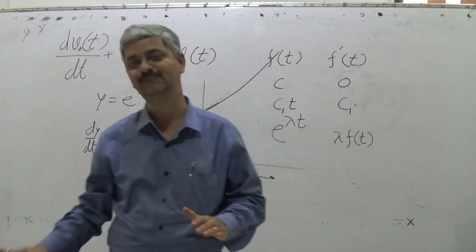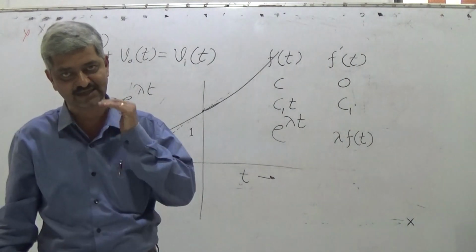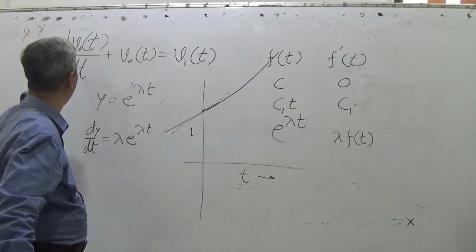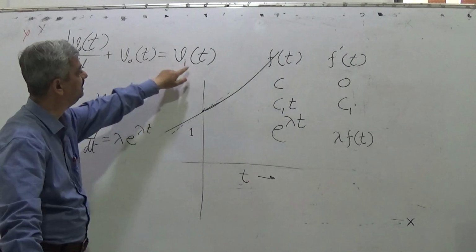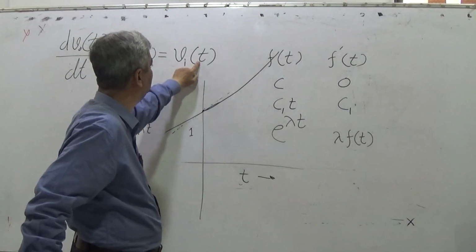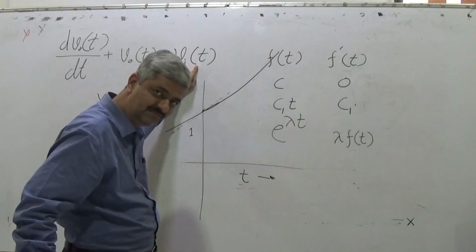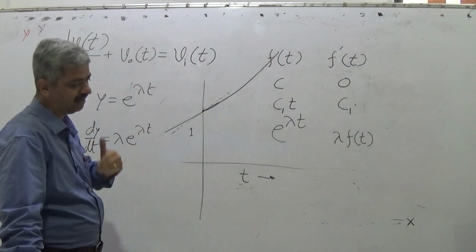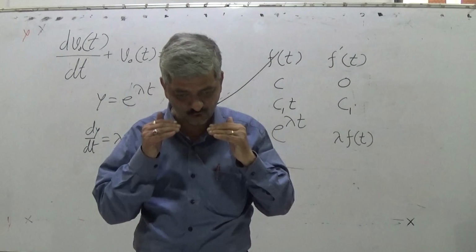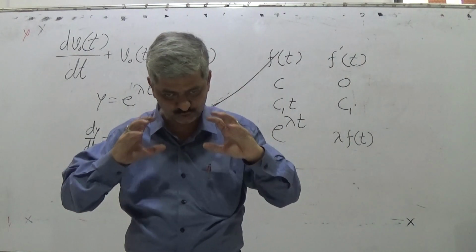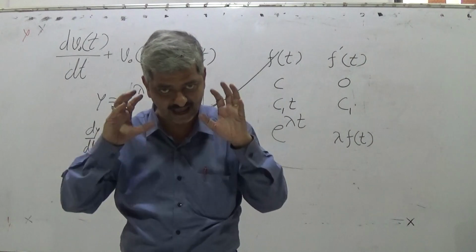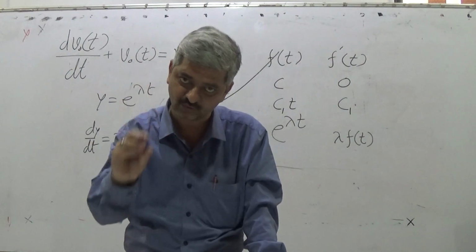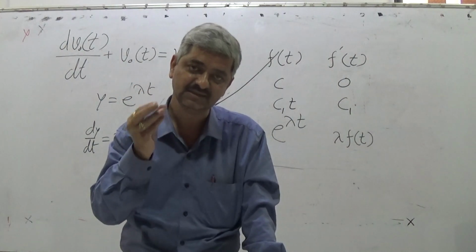So when I solve the differential equation which consists of dVo(t) by dt plus Vo(t) is equal to v in(t), where v in(t) is equal to 1 in the previous case, and v in(t) is equal to t in this case, the solution will be of the type which has to essentially involve that function for which the derivative is scaling.